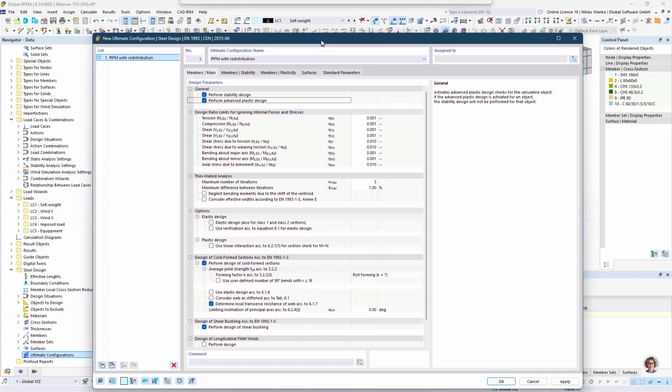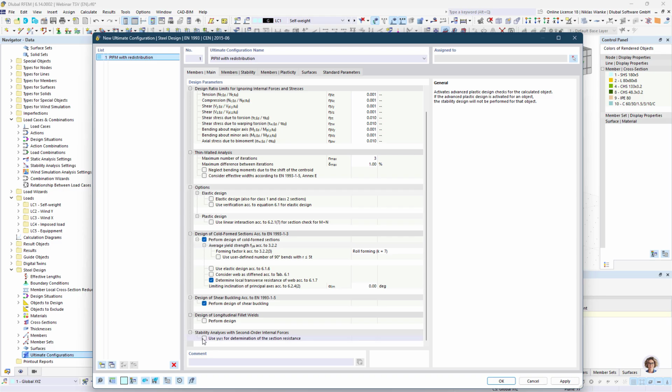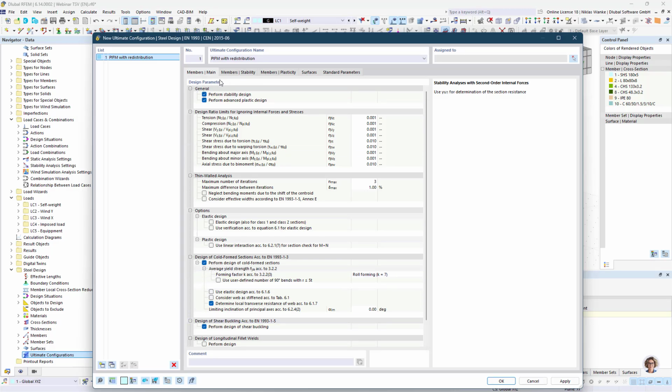And say, okay, imperfection is considered correctly. And the last thing we have to do is to activate this checkbox here, which says use gamma M1 for determination of the section resistance, because we do the stability analysis together with the section resistance. But this, on the other hand side, means that we have to use the partial safety factor for stability also for the section checks, which would be the PIFM in this case.